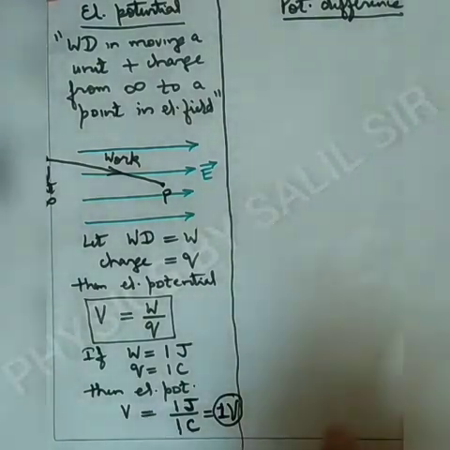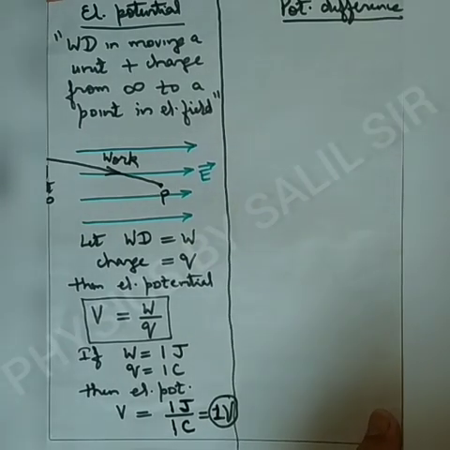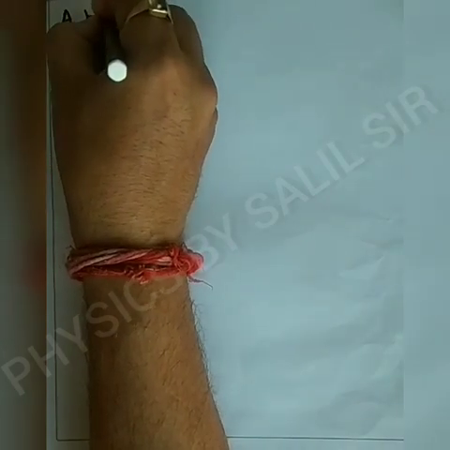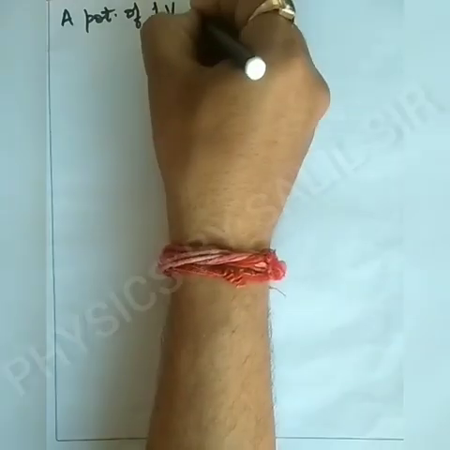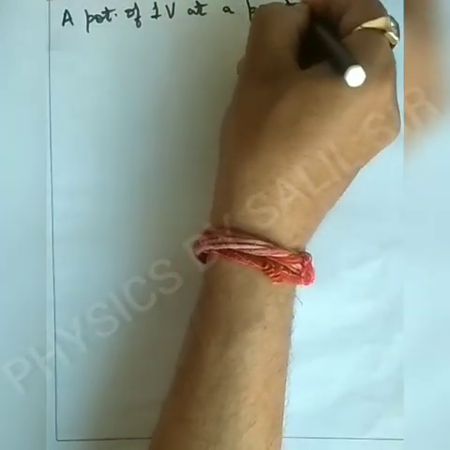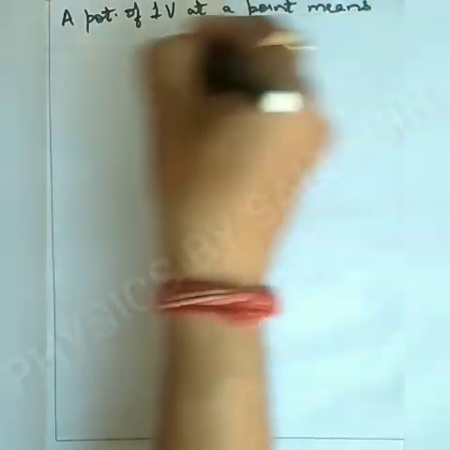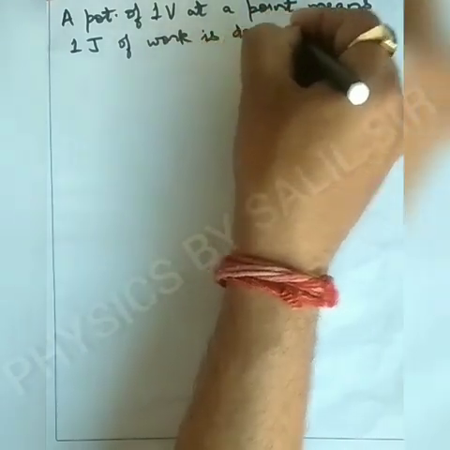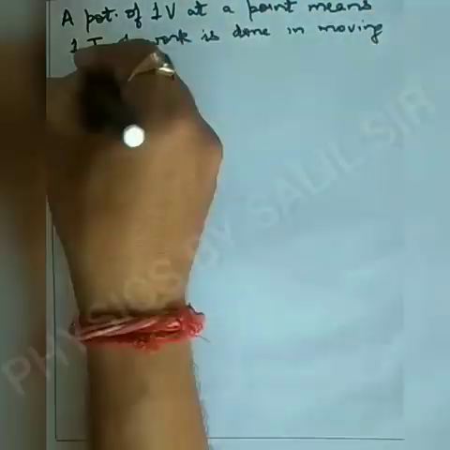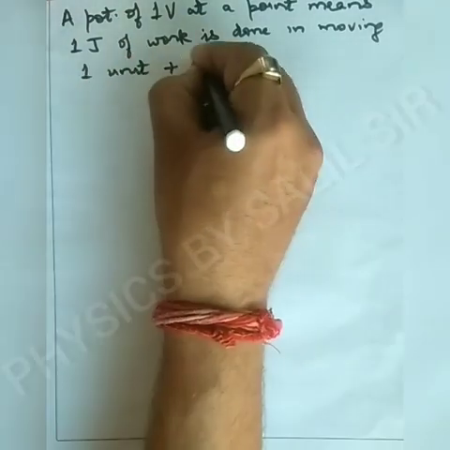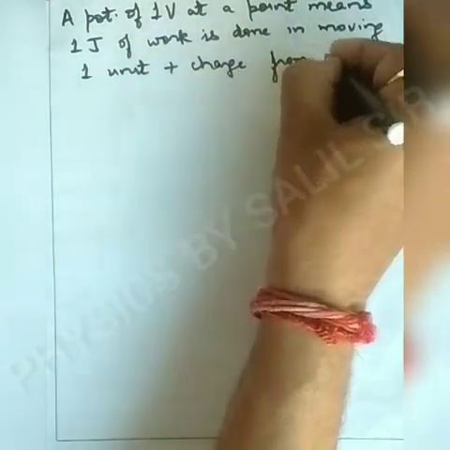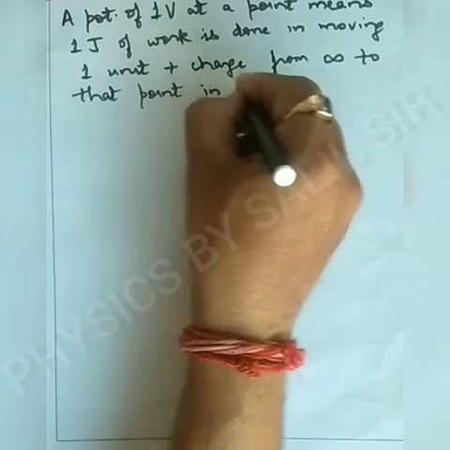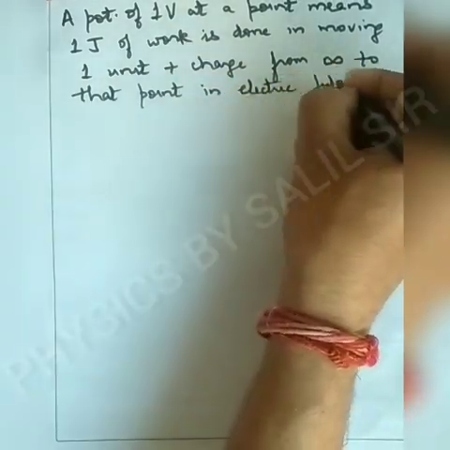Now, based on this, we can define 1 volt. A potential of 1 volt at a point means 1 joule of work is done in moving 1 unit positive charge from infinity to that point in electric field.